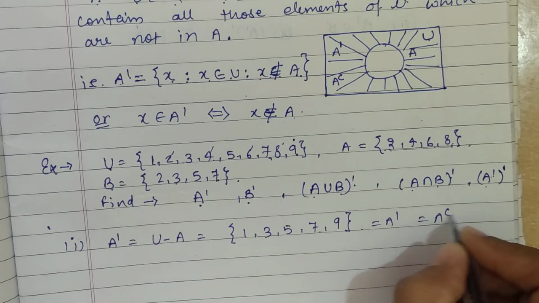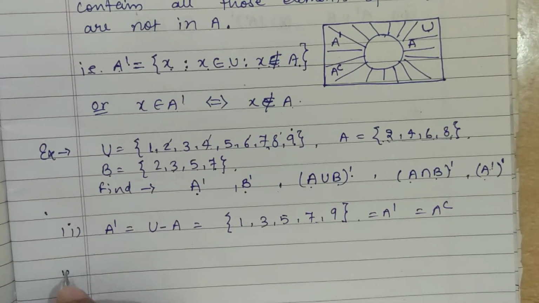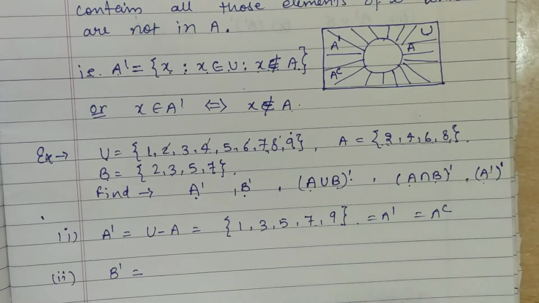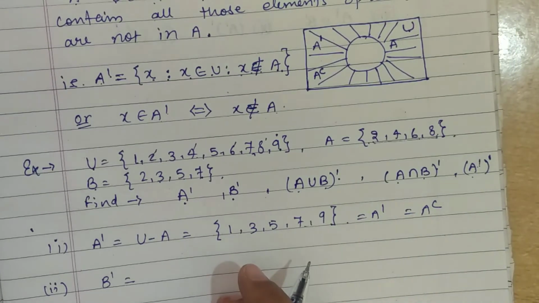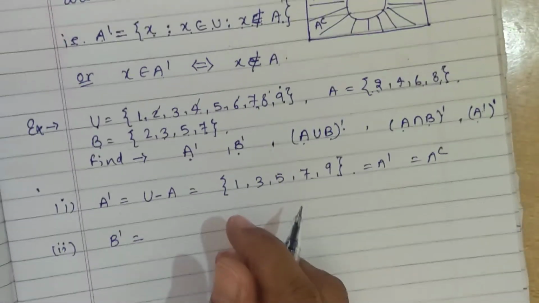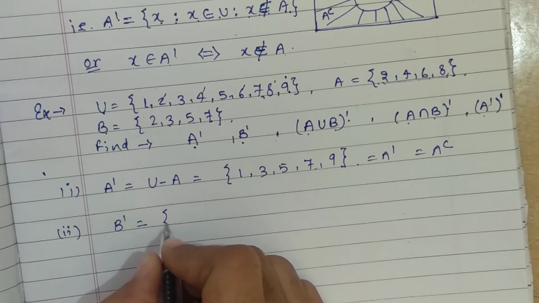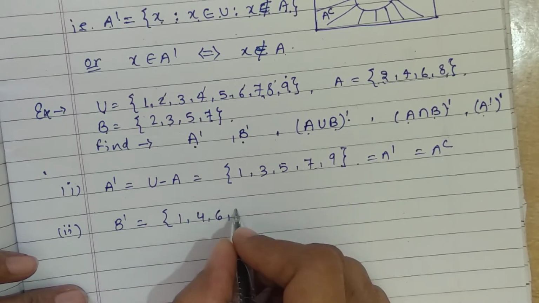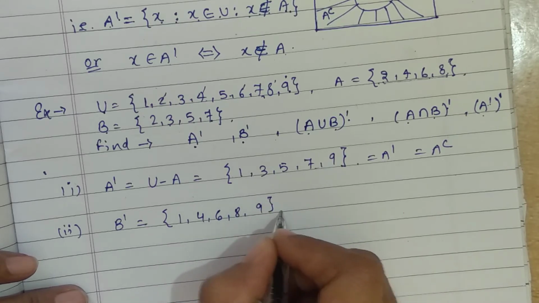The second question is B complement. B complement means, in B, 2, 3, 5, 7 are there. So in B complement 1, 4, 6, 8 and 9 are there.